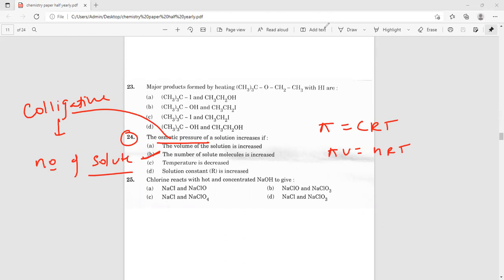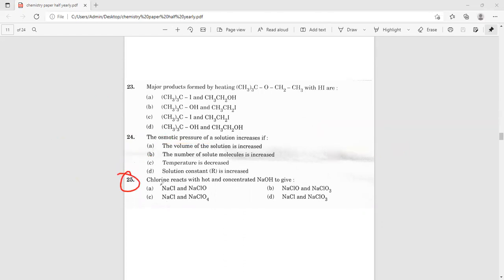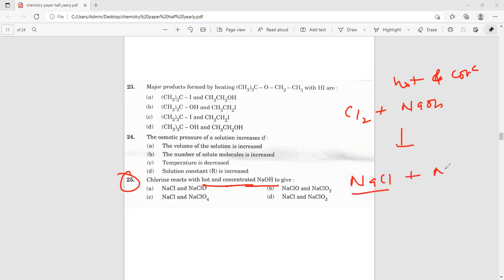And question number 25. Chlorine reacts with hot and concentrated NaOH. So Cl2 plus NaOH, hot and concentrated, then it forms NaCl, sodium chloride, and sodium chlorate.